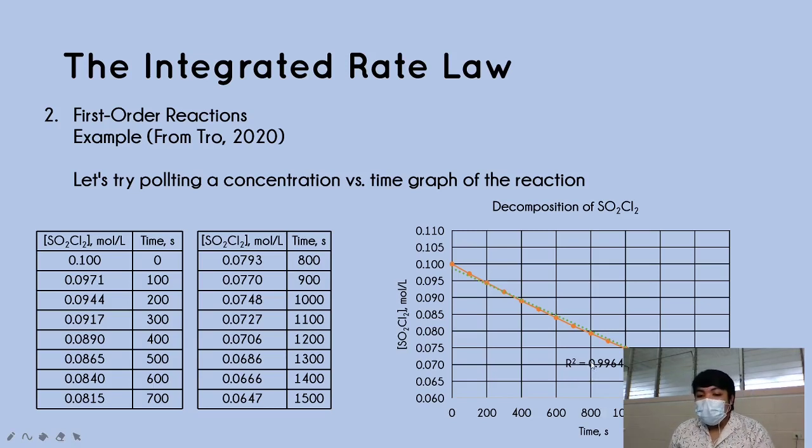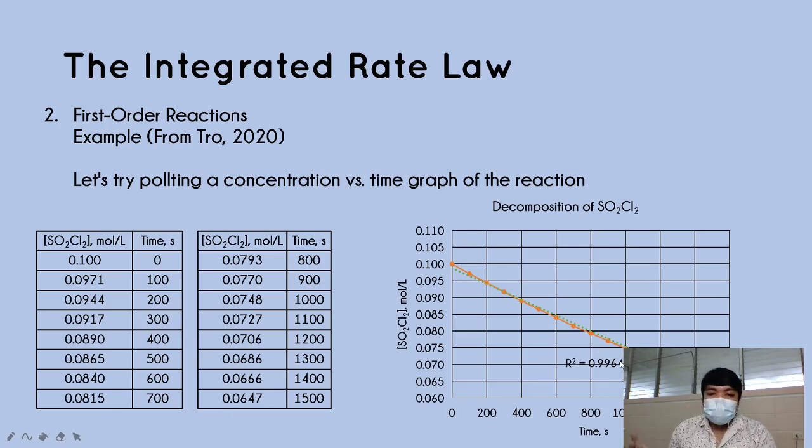The closer the r squared is to 1, the more linear the graph is. Now r squared here is not exactly 1, but it is almost 1, which is already acceptable.